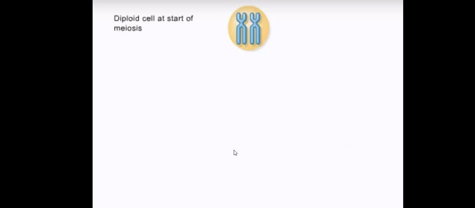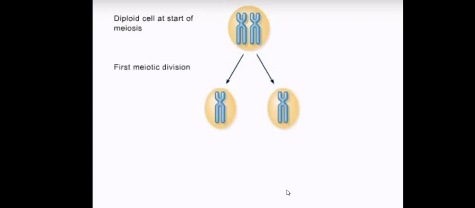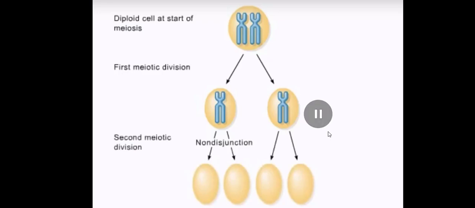During meiosis II, non-disjunction can also occur. Let's observe what happens when non-disjunction occurs during the second meiotic division. Homologous chromosomes separate normally, and each goes to one cell. If the sister chromatids fail to separate from each other, it is called non-disjunction.